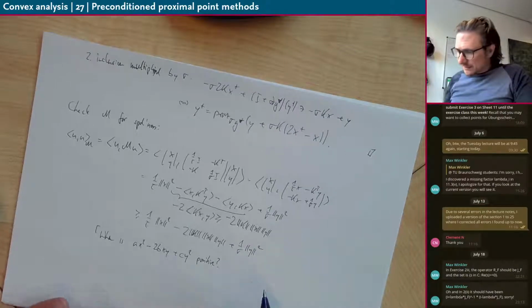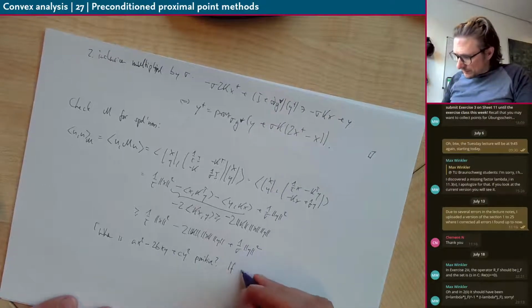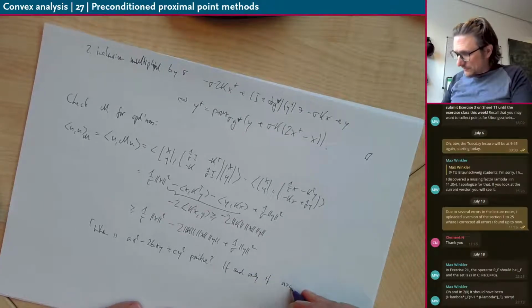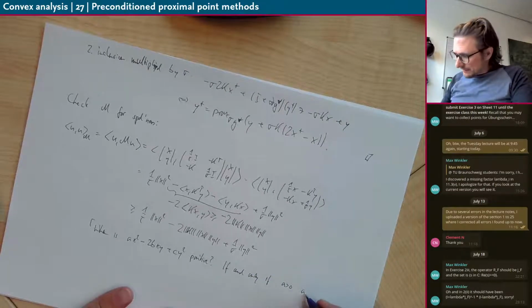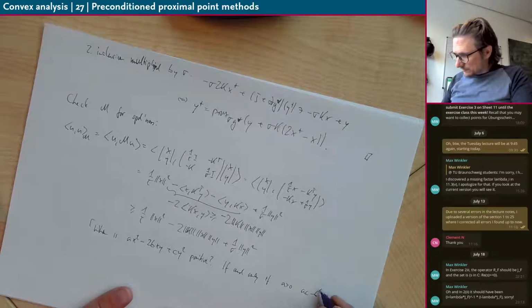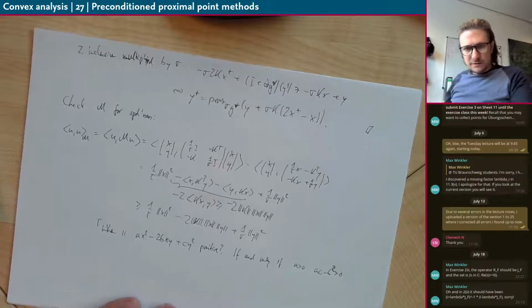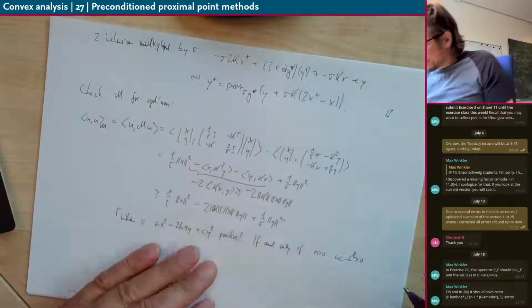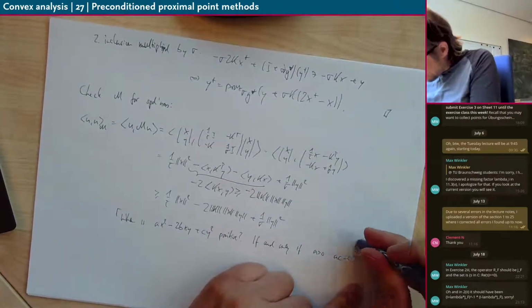And in this case, that's very simple. This is if and only if a is positive and the discriminant ac minus b squared is positive. That is not too hard to see.